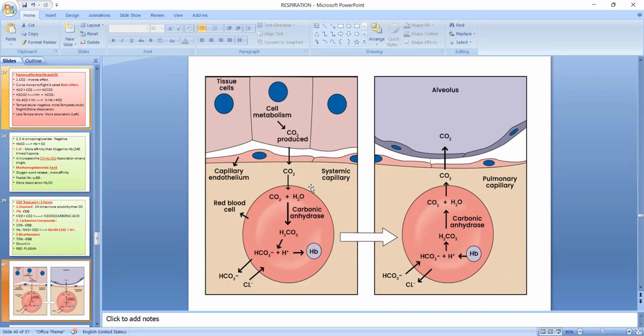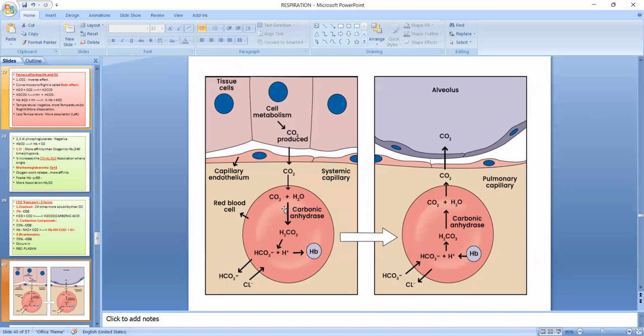This is RBC. Okay, in the RBC, there is a special enzyme called carbonic anhydrase, which is the very, very fastest enzyme in our body. So CO2 plus H2O in the presence of carbonic anhydrase very rapidly is converted into H2CO3.